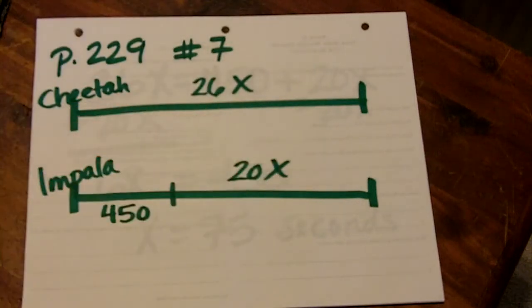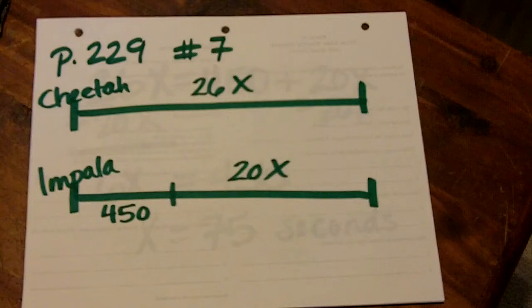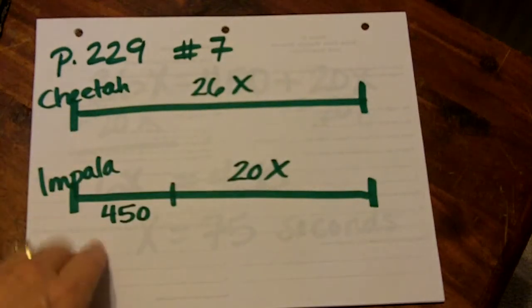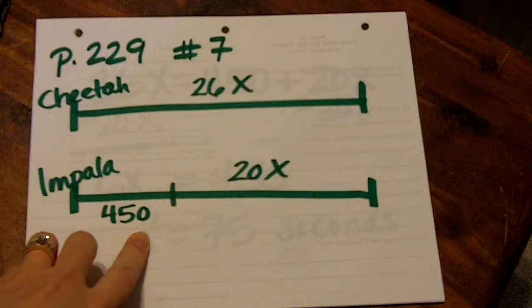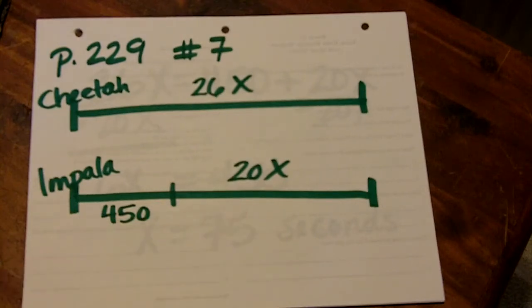Now our book tells us to represent time by x, and so that is the time that it takes for the cheetah to catch up to the impala, and what he does then, I don't know. But we can see that we have 26x is equal to the 450 meters that the impala was ahead, plus the speed of 20 times the time of x.